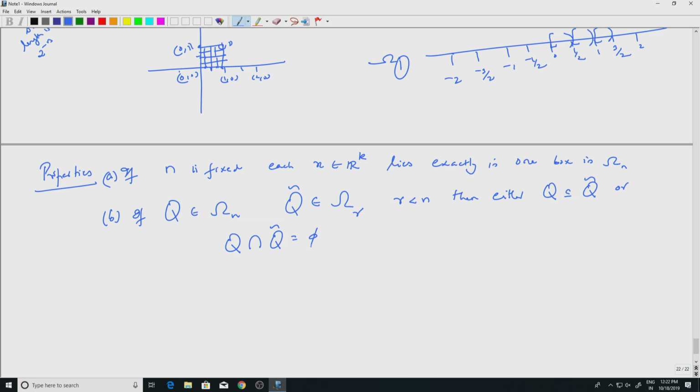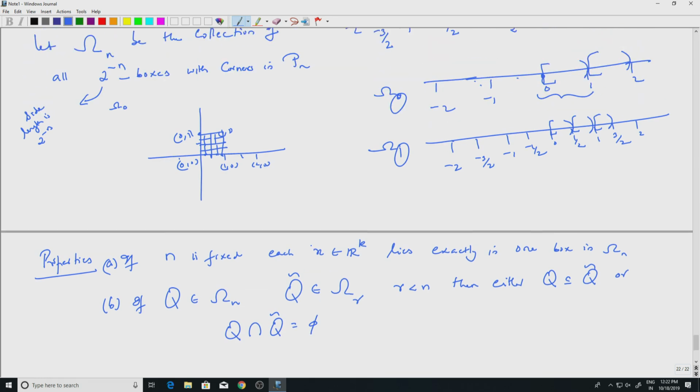This is a pretty trivial observation, even though it might sound very complicated. Let us take omega 0 and omega 1. So, r is 0 and n equal to 1. So, r is less than n, right.